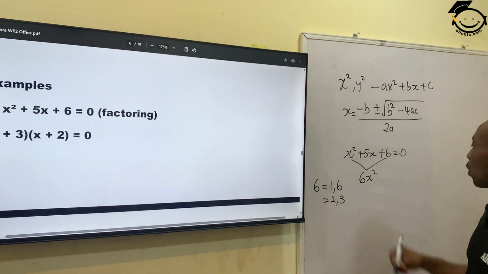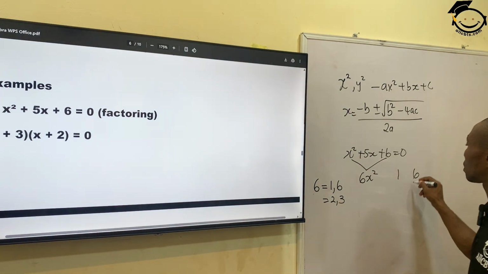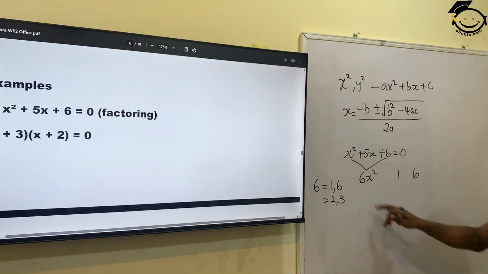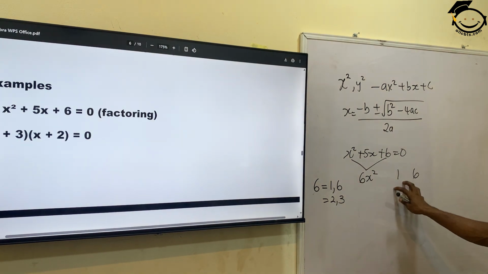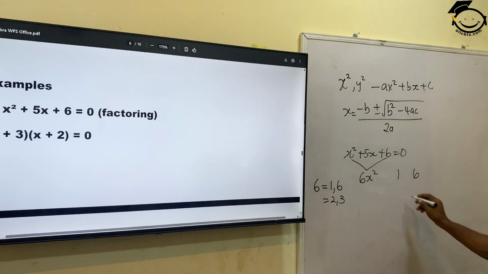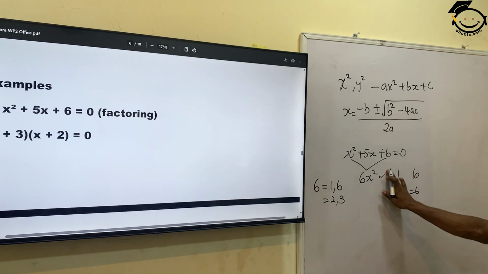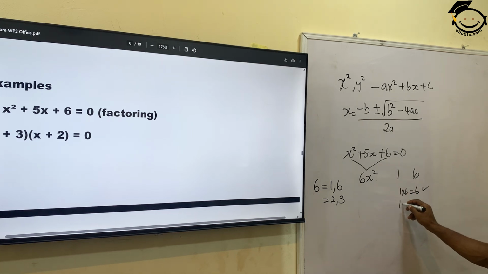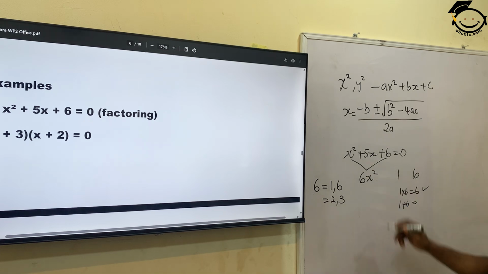Since this is positive, both of them can be positive. 1 times 6 will give us 6, which is a tick. But 1 plus 6 will not give us 5; this will give us 7.